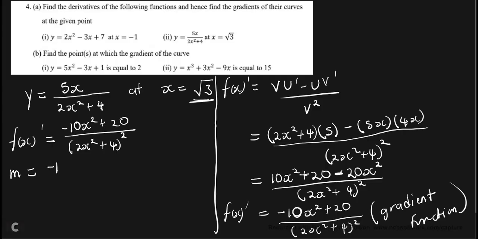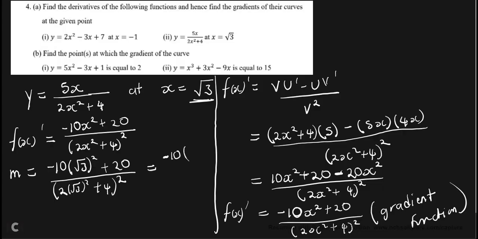So that is negative 10 there, then you substitute there, which is 3 squared plus 20 over, then 2 root 3 squared plus 4, then you square it. Then what will happen will be negative 10 there, right?